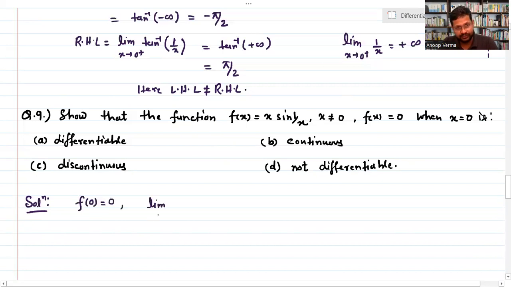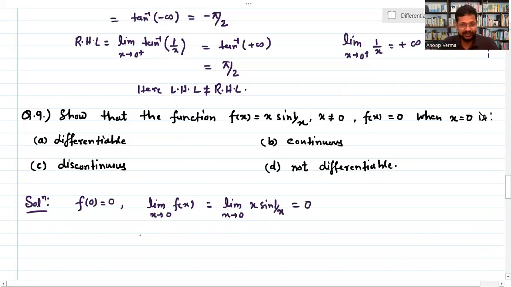When we calculate the limit as x tends to 0 of f(x), which we just calculated, x sin 1 upon x, this will be equal to 0.